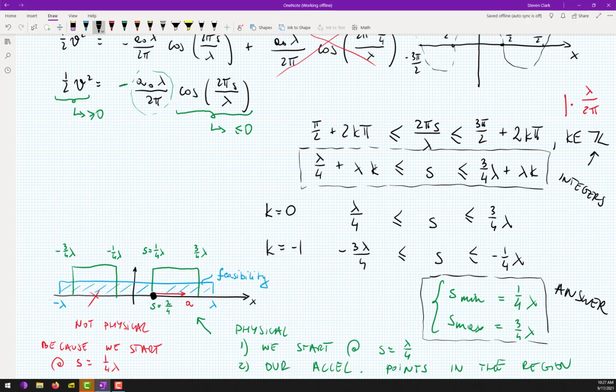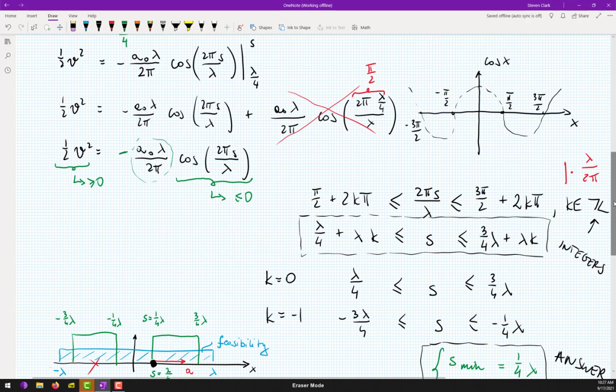So, mathematically, what I wrote in here: do you agree with me that cosine is negative between pi over 2 and 3 pi over 2? However, it is also negative here. There is a periodicity in this set.